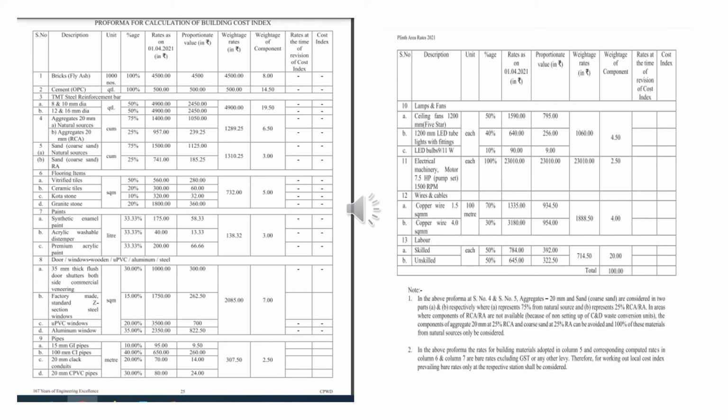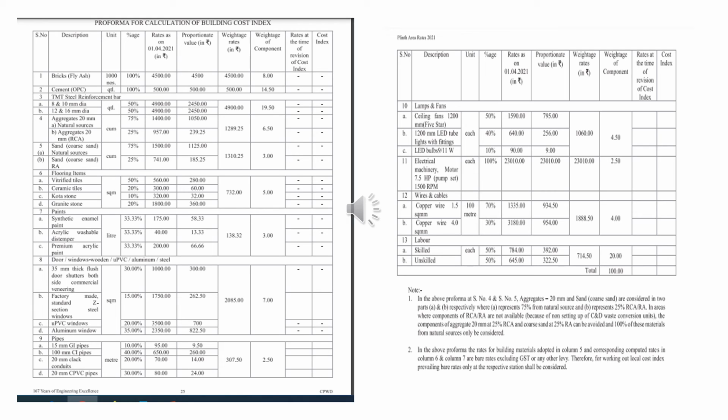Let us see this pro forma for calculation of the building cost index, which is taken from the CPWD analysis of cost index from plinth area rates. It has been given in plinth area rates BWPAR 2021.